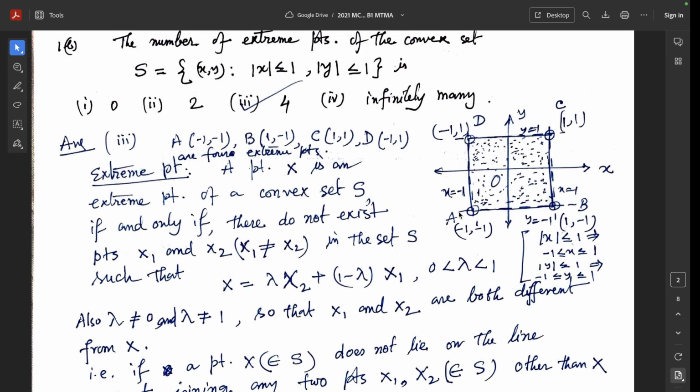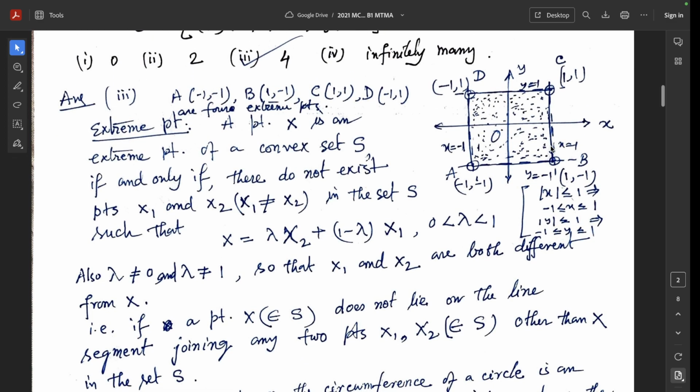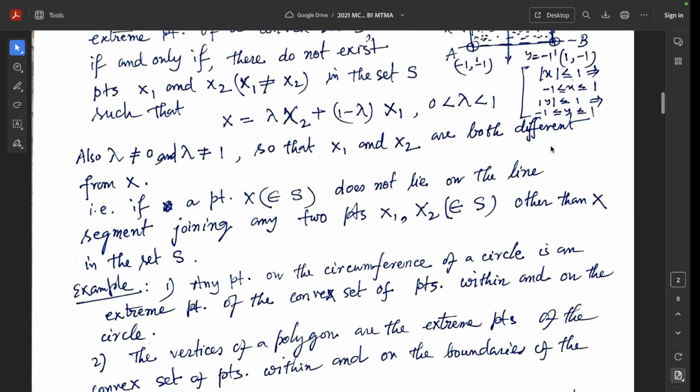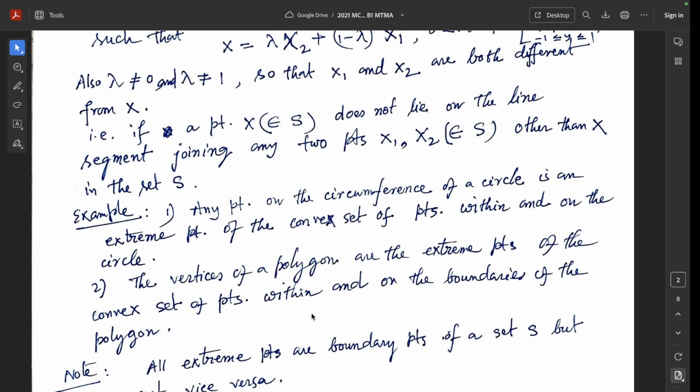So here A, B, C, D are corner points, which are the extreme points; there are four extreme points here. Any point on the circumference of a circle is an extreme point of the convex set of points within and on the circle, and the vertices of a polygon are the extreme points of the convex set of points within and on the boundaries of the polygon.